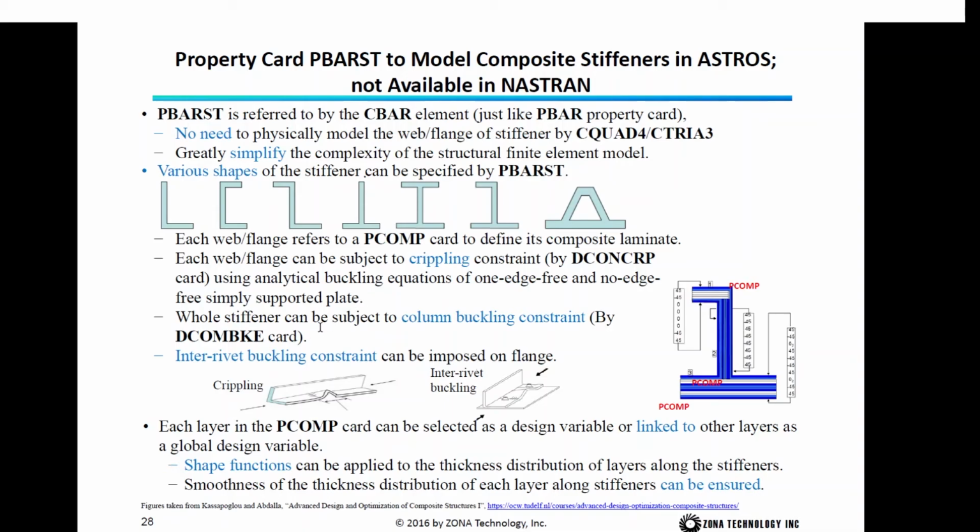The whole stiffener can be subjected to the column buckling constraint by the DCONBKE. You can also impose an inter-rivet buckling constraint. Each layer in the PCOMP card can be selected as a design variable or linked to another layer as a global design variable. Shape functions can be applied to the thickness distribution of each layer along the stiffener, so the smoothness of the thickness distribution of each layer along the stiffener can be ensured.